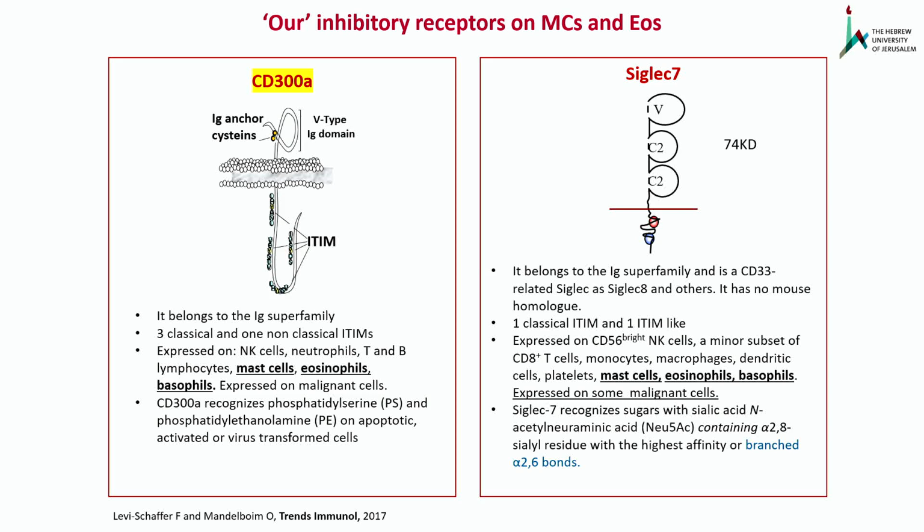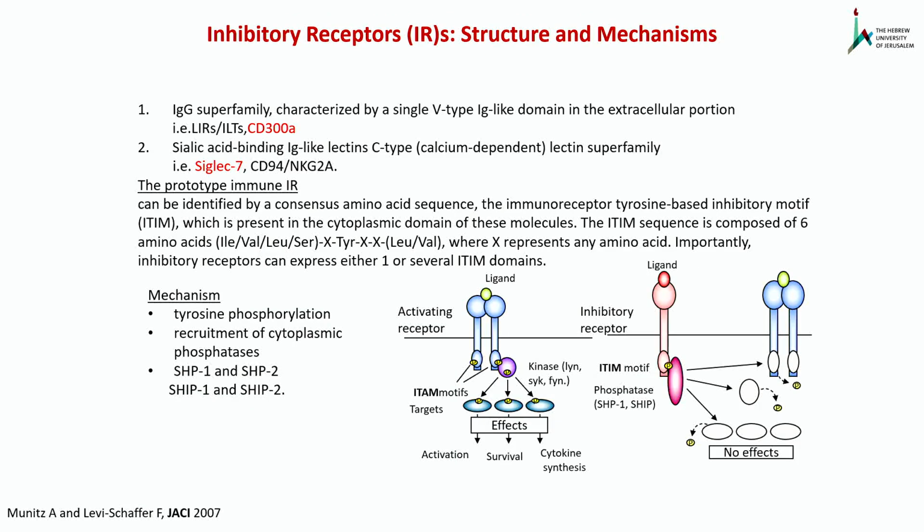It was previously described by the Moretta group on NK cells, neutrophils, and a subset of T and B lymphocytes, and we, in collaboration also with other groups, found it expressed on mast cells, eosinophils, and basophils. Now, the known ligands are phosphatidylserine and phosphatidylethanolamine that are expressed by apoptotic cells and/or by activated cells. So it renders this receptor, for me, very important in inflammation overall.